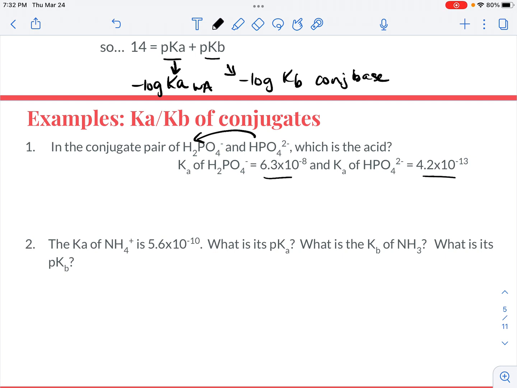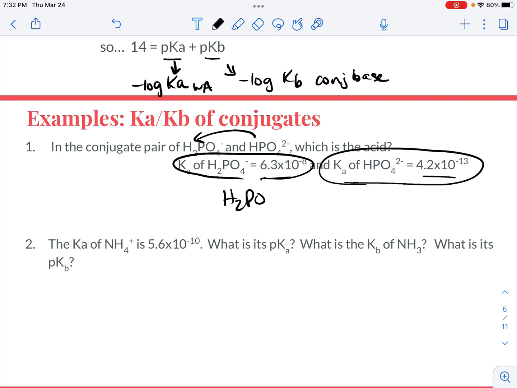Definitely notice that the Ka of H2PO4 minus is greater than the Ka of HPO4 2 minus, which means that the H2PO4 minus is a stronger weak acid, still weak, still mostly the molecule, but stronger than the HPO4 2 minus is.